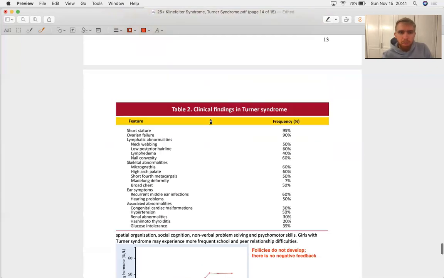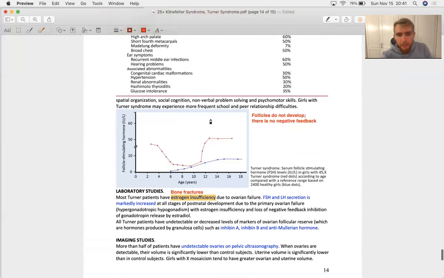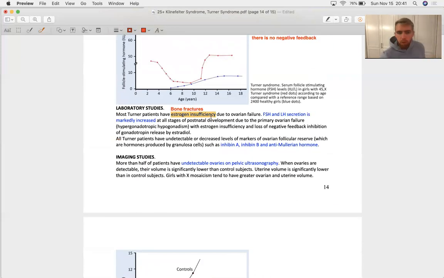And finally, something that is not mentioned but goes hand in hand with what's going on in Klinefelter's, you've got hypogonadism. You're going to have bone fractures. Because Turner syndrome is just the female version of a lot of what's going on in Klinefelter's. It's hypergonadotropic hypogonadism.